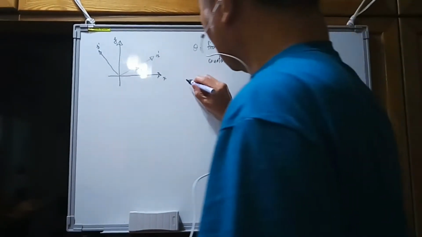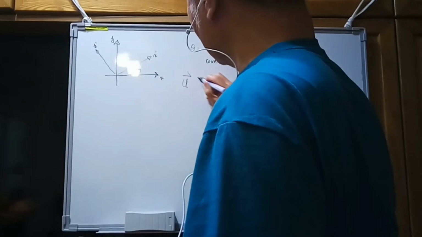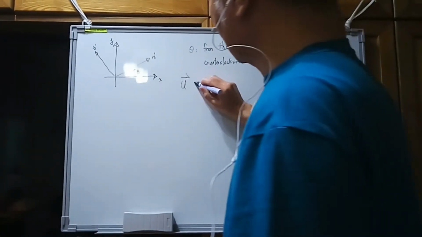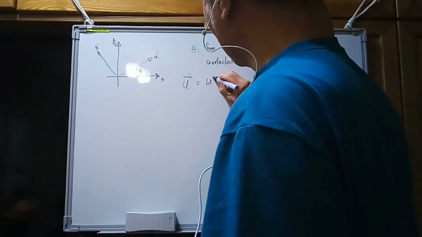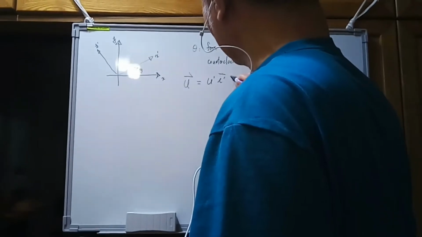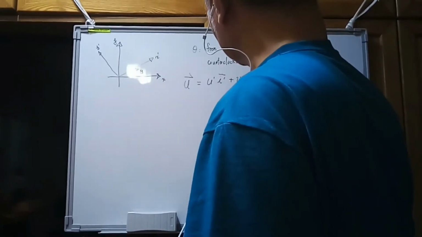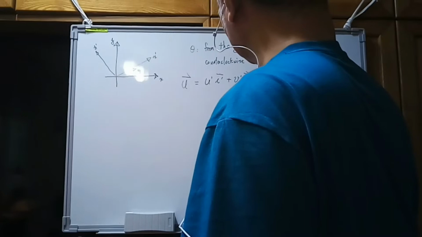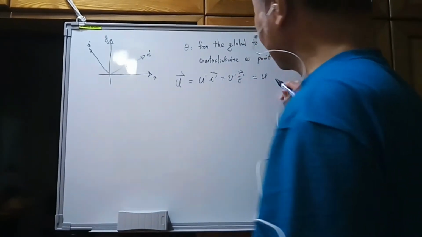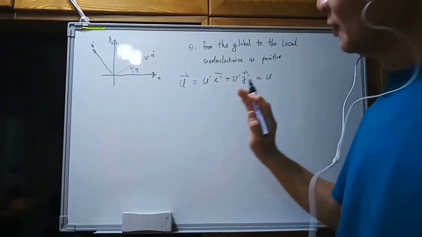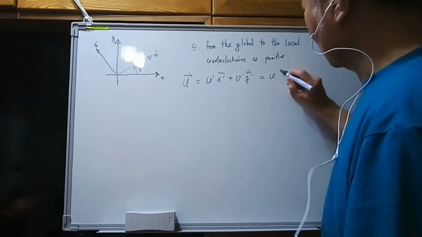Okay, so we know for the same vector u, we can use u prime i prime plus v prime j prime, or we can use the other set of vector components.